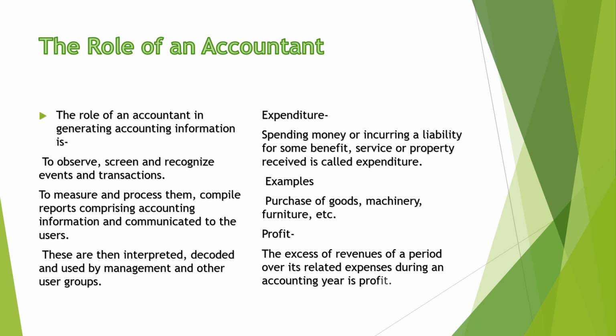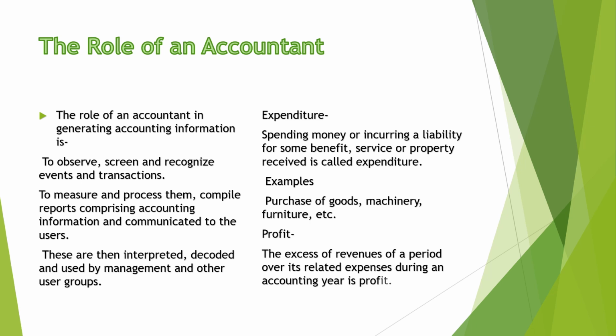What is expenditure? Spending money or incurring liability for some benefit, services or property. Property received is called expenditure. Examples: purchase of goods, machinery, furniture. Expenditure can be capital expenditure or revenue expenditure.